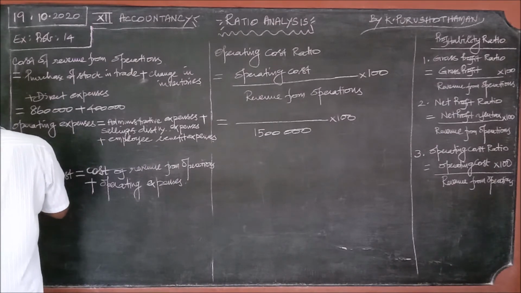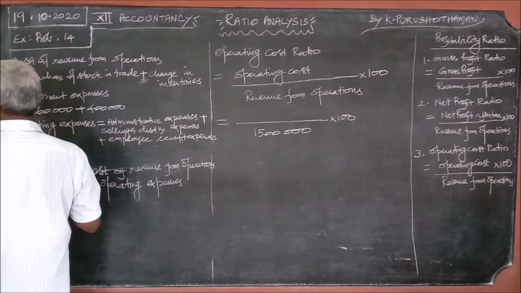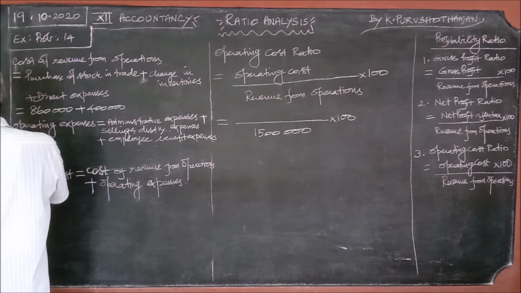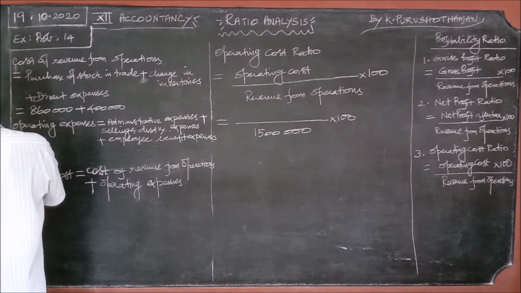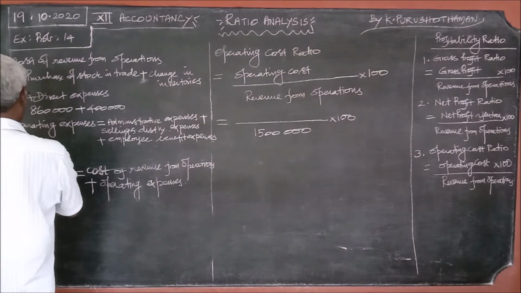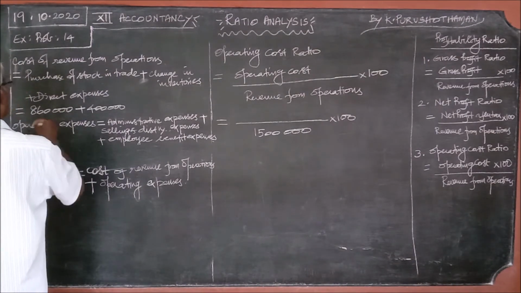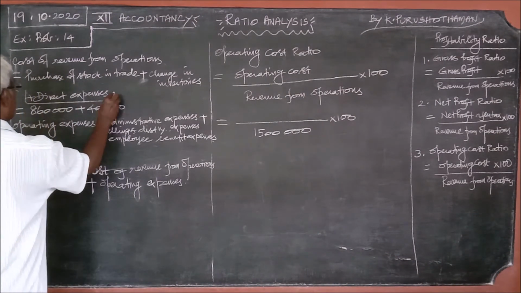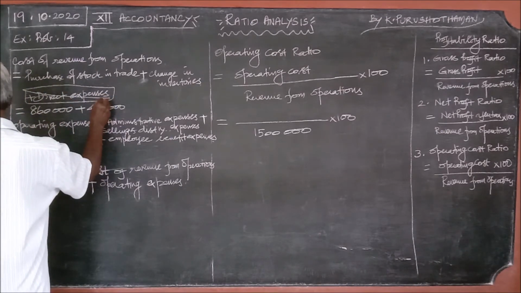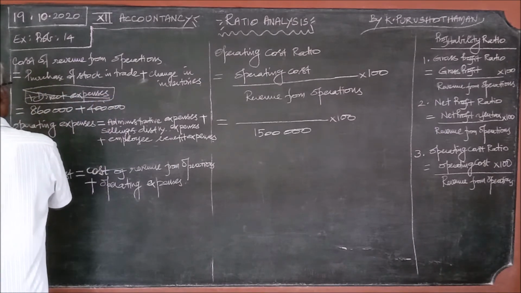Yes, in illustration number 14, the wages and the salaries are given. Wages is a direct expense, but in this, no such terms are given. So what we can write here is that there are no direct expenses. This is not appearing here. It is not given in the problem.